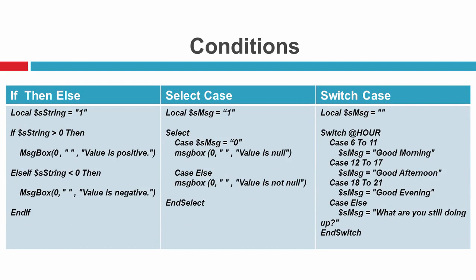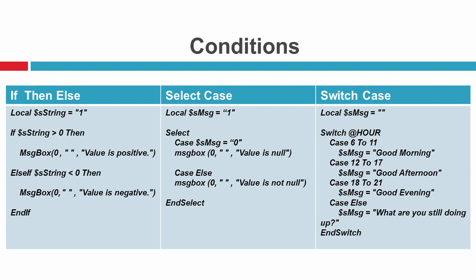Now let's see the conditions. We have mainly three ways of implementing conditions. The first one is the If Then Else mechanism. As you can see on the left, we have this kind of syntax to express the If Then Else.